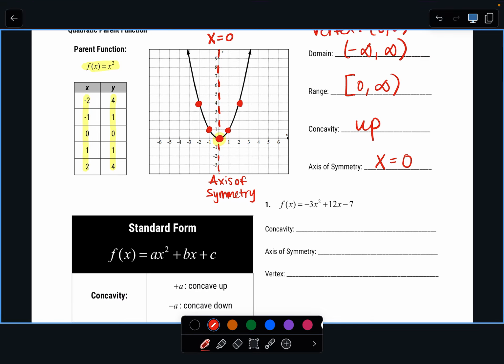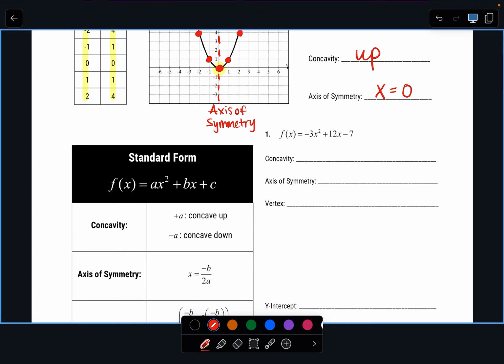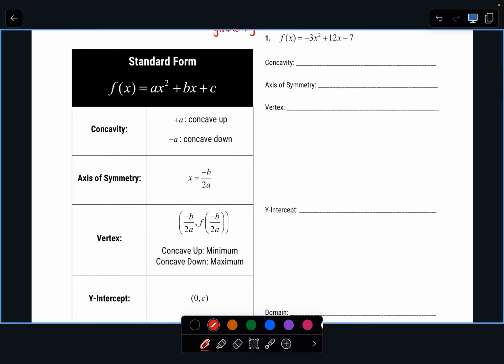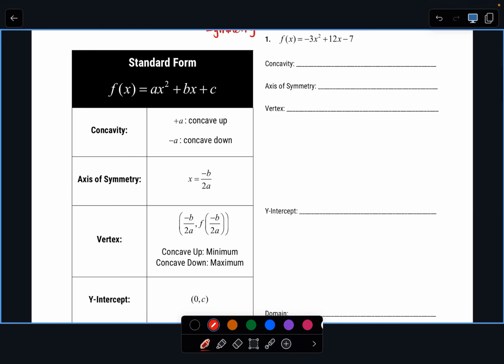Okay, so we have 3 technical forms that you can see a quadratic in. The most common one you're probably used to is standard form. Standard form allows us to identify different features from ax squared plus bx plus c. I will get the question of, do we get this table on the test?